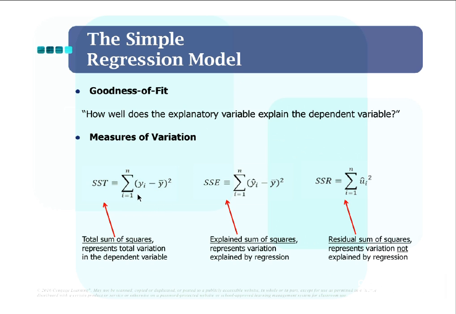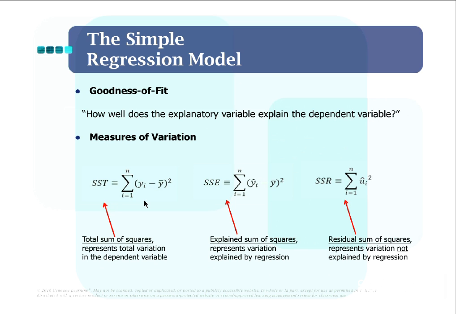It's very similar to the formula of sample variance. If we have 1 over n minus 1, then we get the sample variance of y. But here we have the total sum of squares of y, which measures the variability of y.